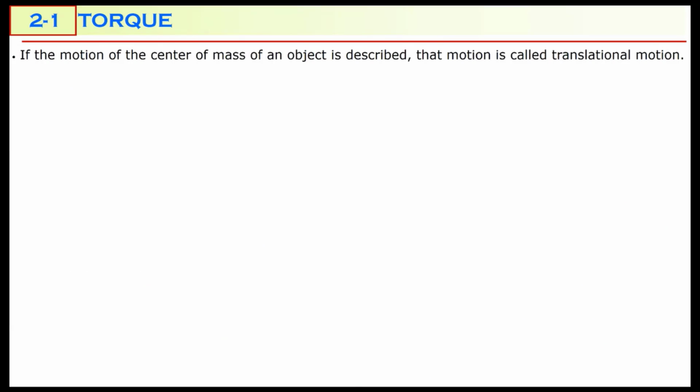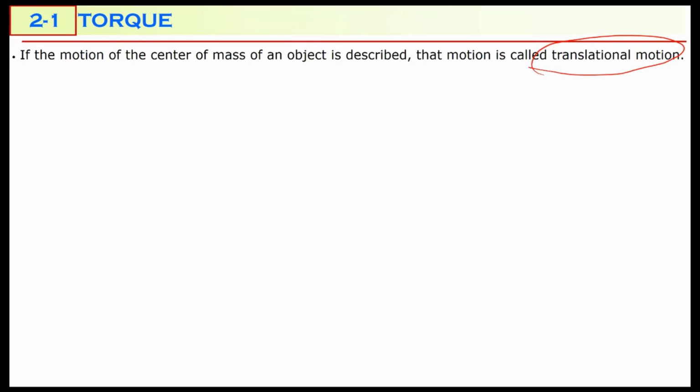The motion of the center of mass of an object is named translational motion in physics. You studied translational motion last year. All those motions, which can be along a straight line, a parabolic path, or, as we have studied this year, a circular path, are all called translational motion, because you are studying the motion of the center of an object.